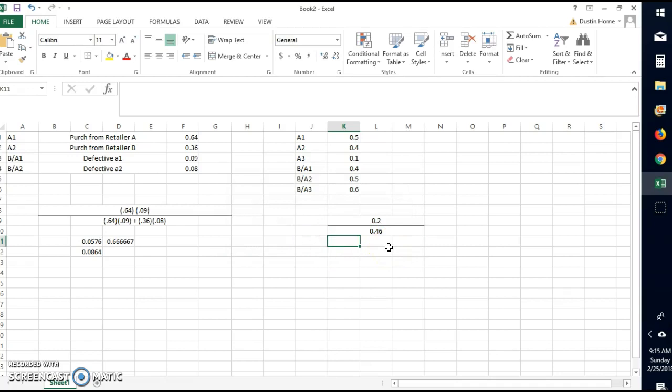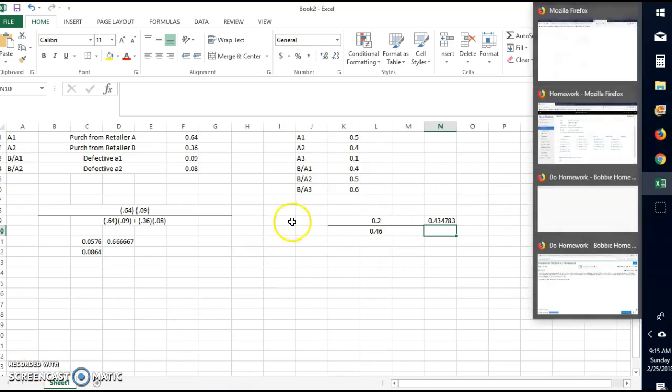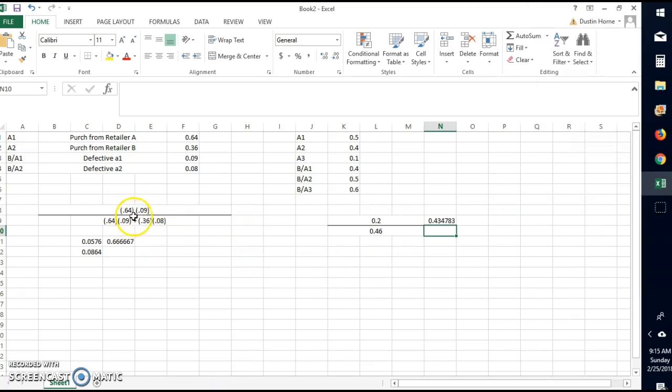So we get 0.2 divided by 0.46, and if you do that, you get 0.435. That is basically Bayes' theorem summed up. If you get the flow of it, what you're trying to find, the probability of it, the total amount of the bonds being issued over here times the probability of that bond. If you pair them up together, it's really not that bad.